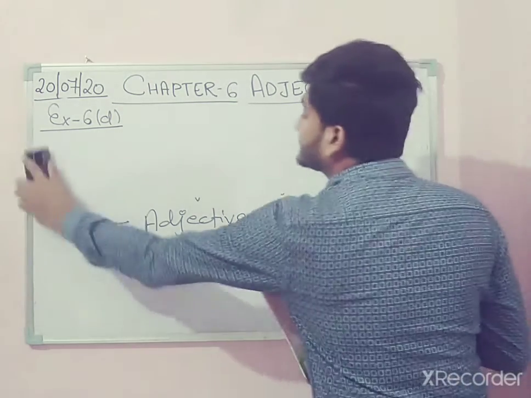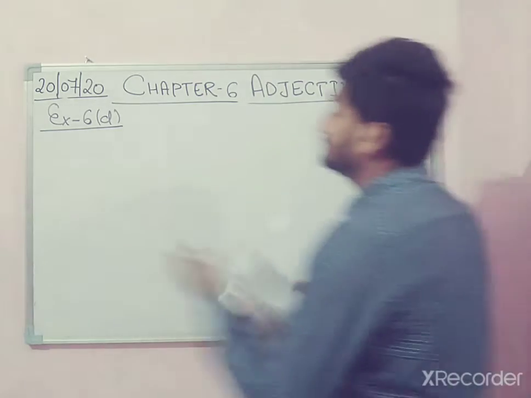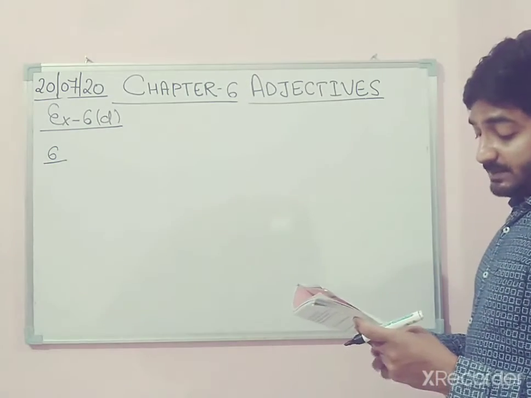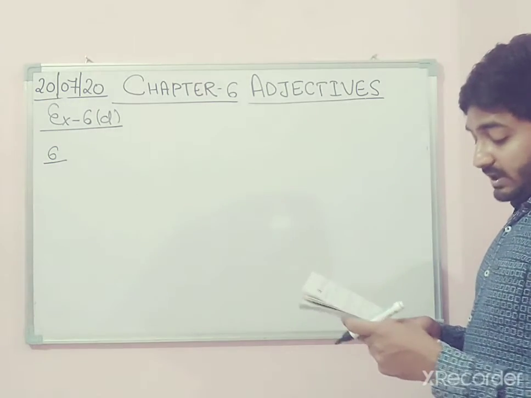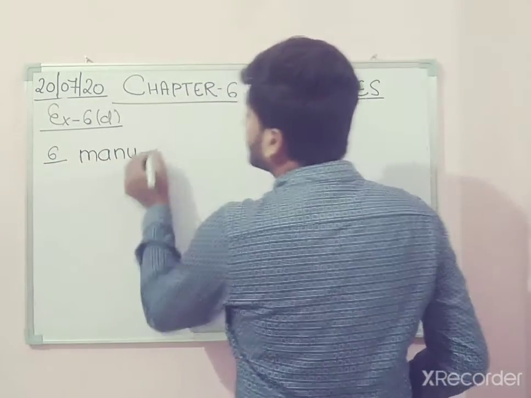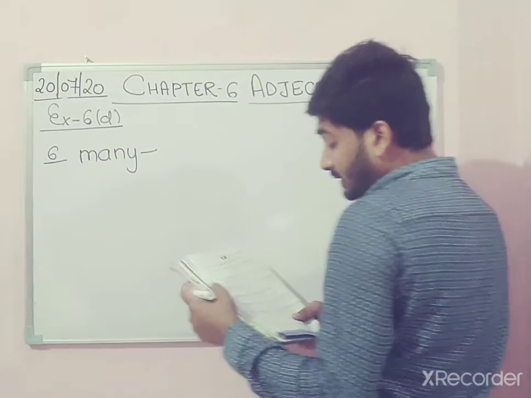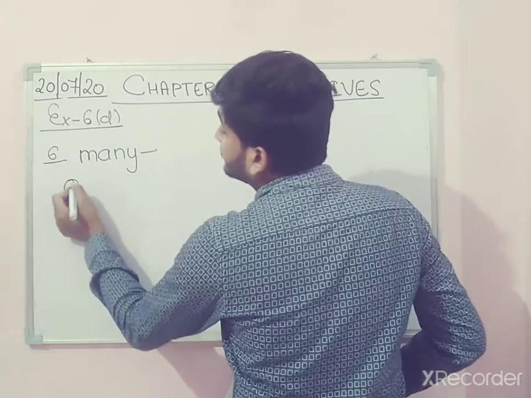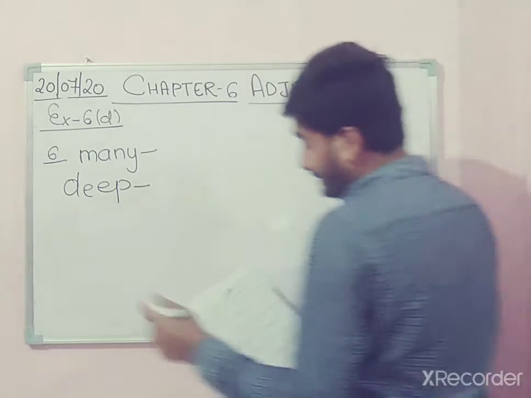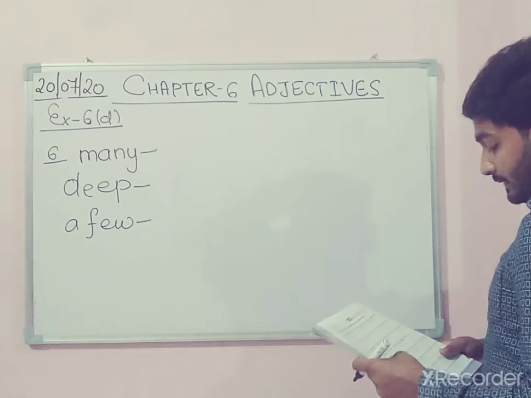Number 6. There are many fish in the deep sea. We caught only a few. Which fish are there? Many. Okay. And what kind of sea? Deep. Yes. And how much have they found? A few. Okay.